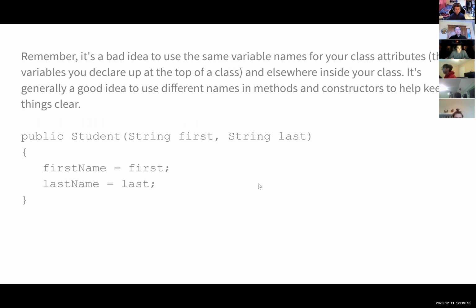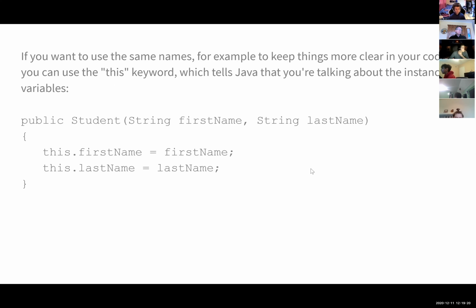So this is great form. And then this is a way to make it work. If for some reason you feel like you have to have the same names, then the word this here tells Java that we're talking about the instance variable here. Whereas right here, we're talking about a local variable that was just defined for this constructor called first name.